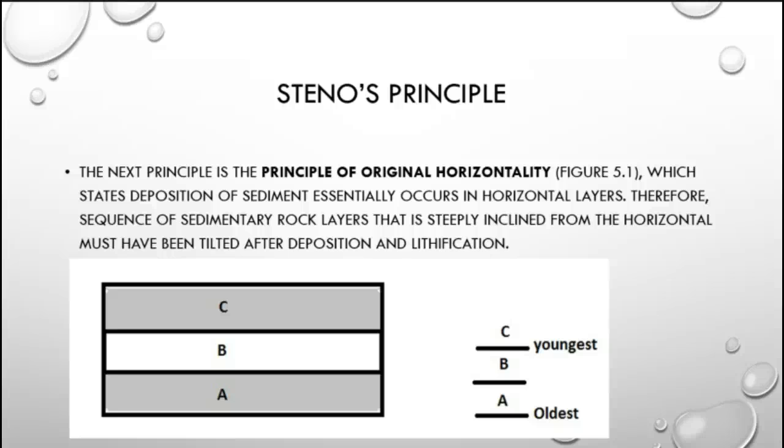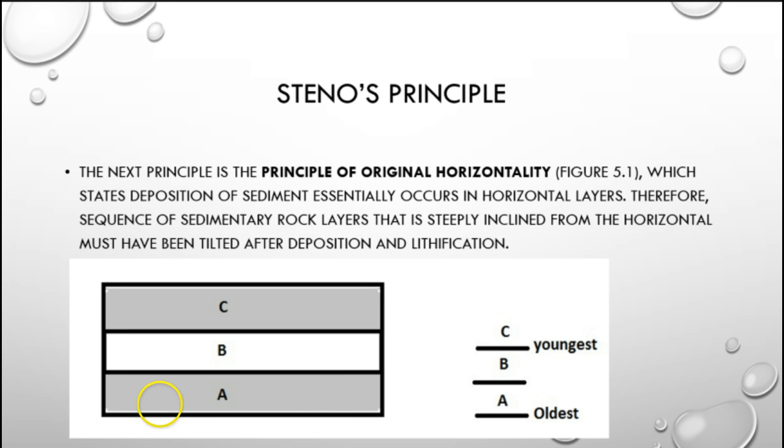Steno's next principle was the principle of original horizontality, which states deposition of sediments essentially occur in horizontal layers. Therefore, a sequence of sedimentary rock layers that are steeply inclined from the horizontal must have been tilted after deposition and lithification.